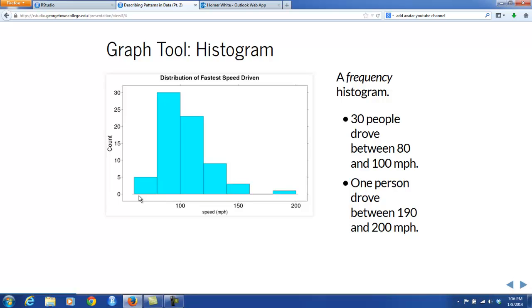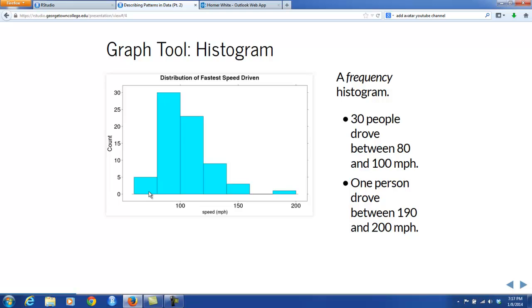Now the height of each bin is determined by how many students drove a speed that was between the two boundaries of the bin. So what we learn from this first rectangle is that 5 students drove between 60 and 80 miles per hour. The 60 is included in that number, but if someone were to drive 80 miles per hour, that would actually be included in the next rectangle over.